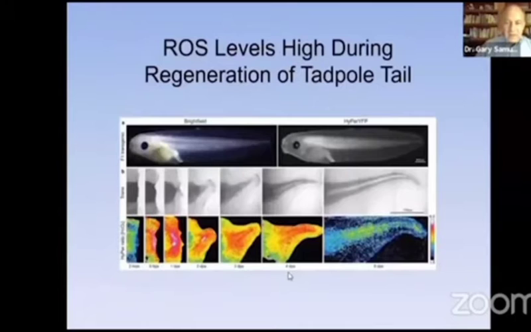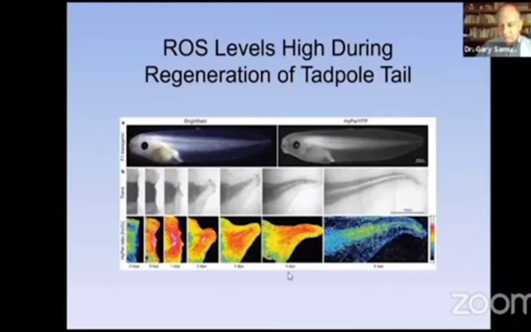So I am going to go through this quickly, but we found that the oxidants are very critical in the regrowth of tissue. This is a tadpole. You cut the tail off a tadpole and it regrows. The reds and oranges and the yellows are actually the redox signaling messengers, the oxidants that are inside the tissue.